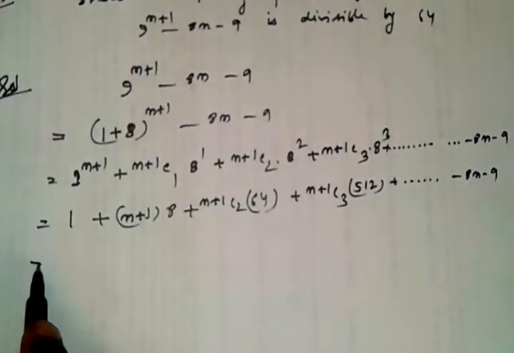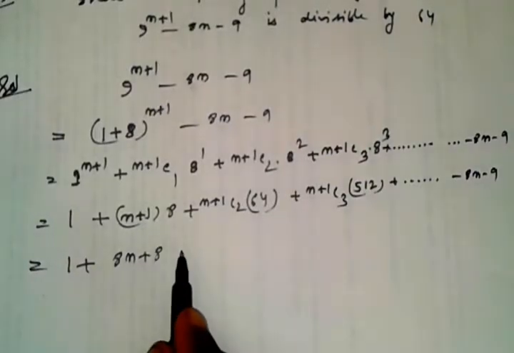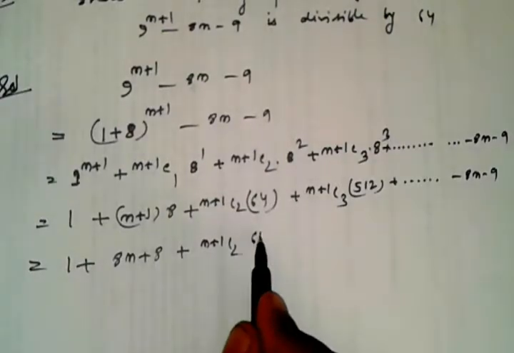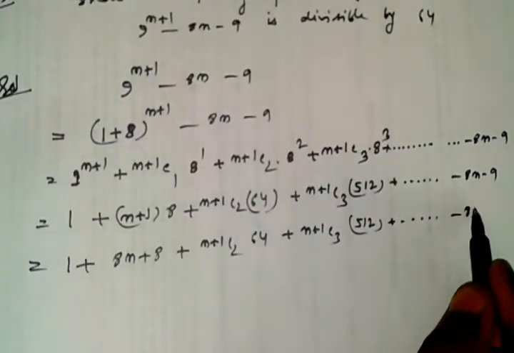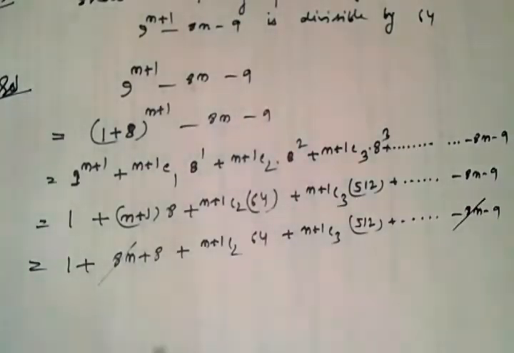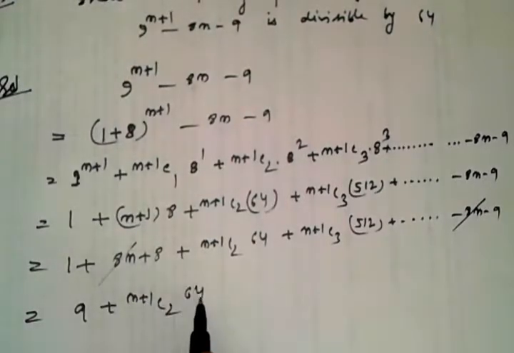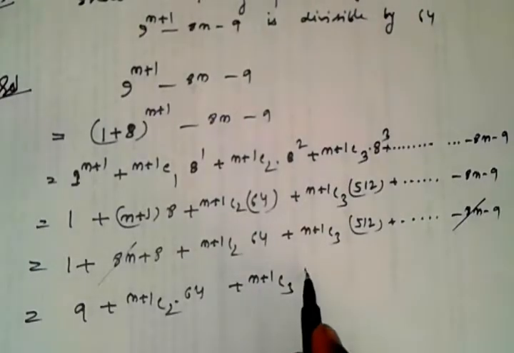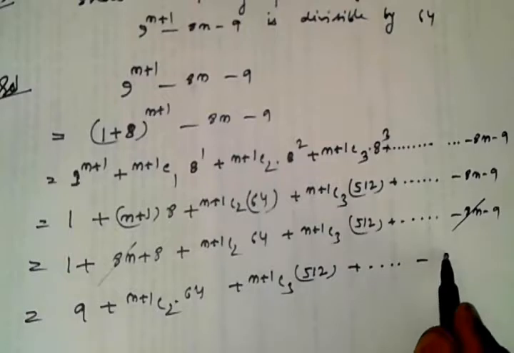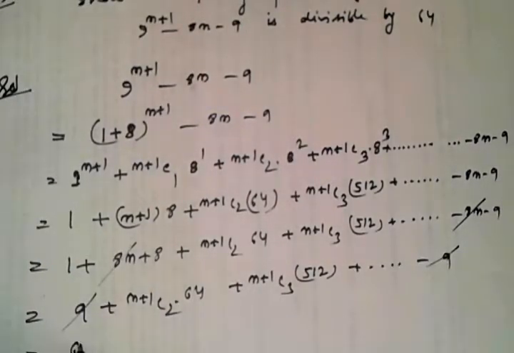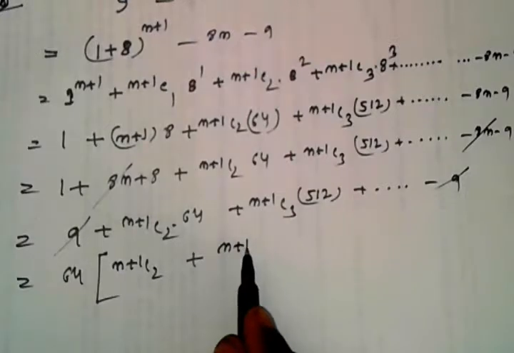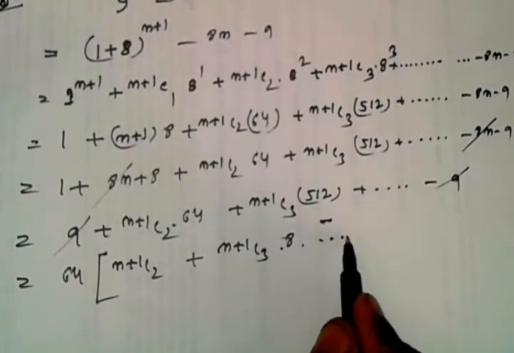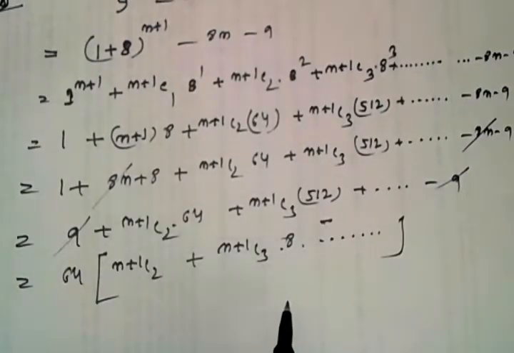Then minus 8n and minus 9: 1 plus 8n plus 8 minus 8n minus 9. The 8n and minus 8n cancel, and the constants cancel too. We are left with n plus 1 C2 times 64, n plus 1 C3 times 512, and so on. We can take 64 common, which leaves n plus 1 C2 plus n plus 1 C3 times 8 and so on, which is divisible by 64.